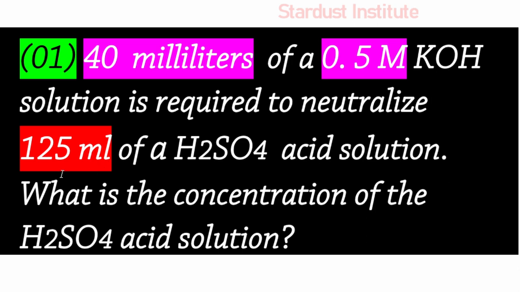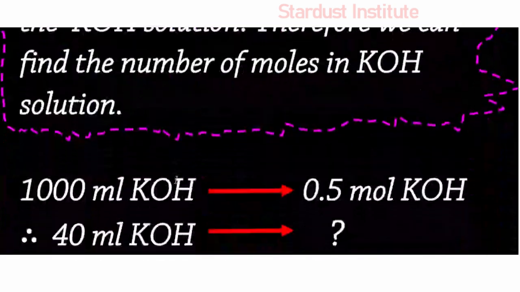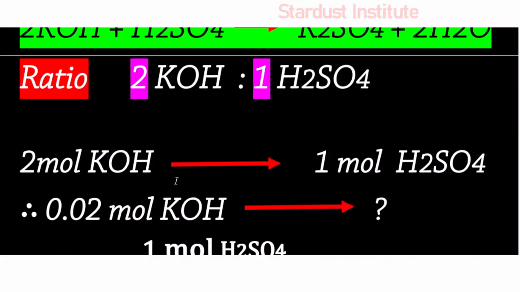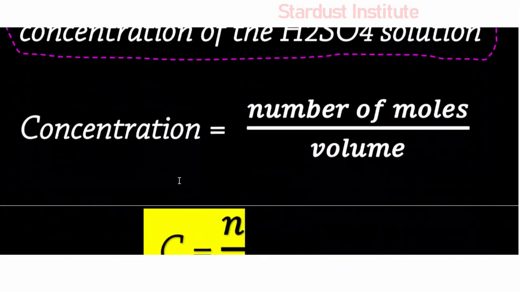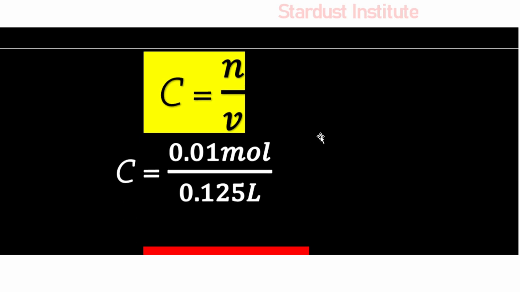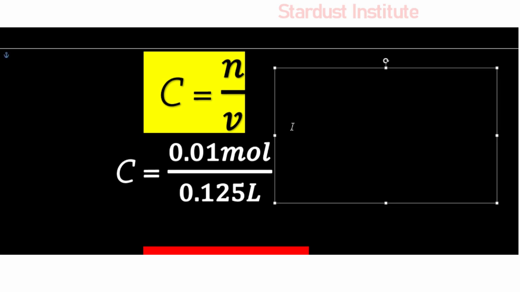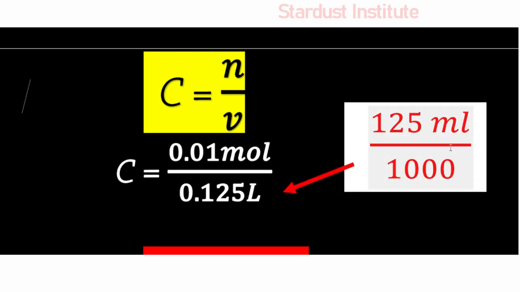Therefore, we have to divide this 125 milliliters by 1000. Then we can convert it to liters. 125 milliliters divided by 1000, we get 0.125 liters. Now we can get our answer.